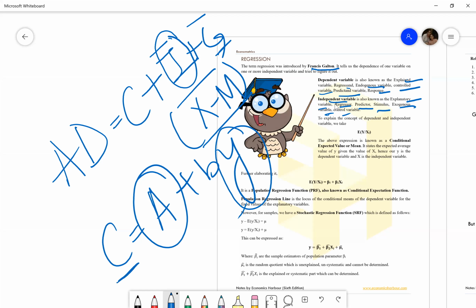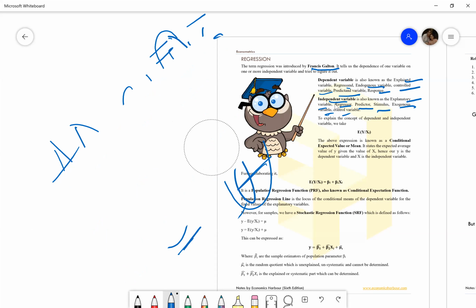But here C is your dependent variable, right? And the value of C is determined by using these exogenous variables. Here Y is also an exogenous variable. Yes, Y is also an exogenous variable. It is independent of C.